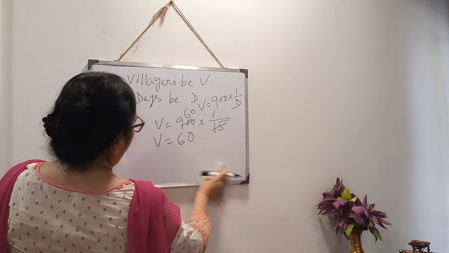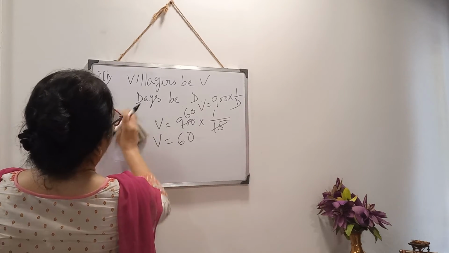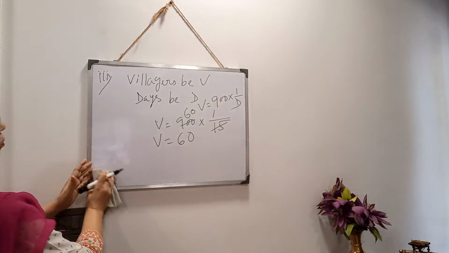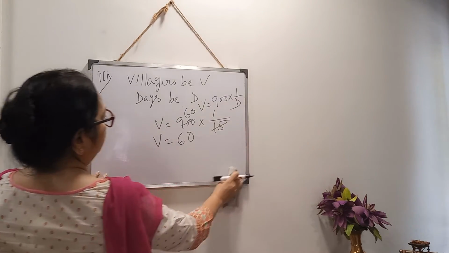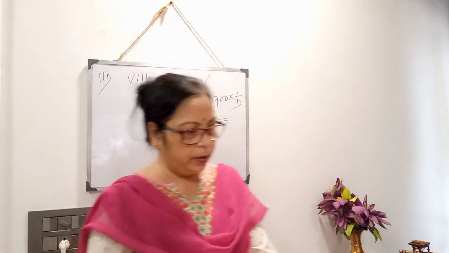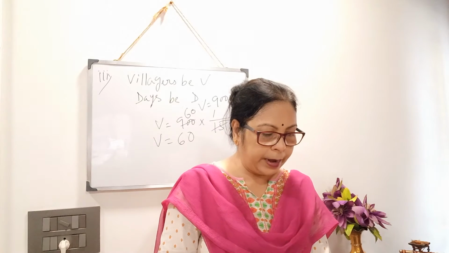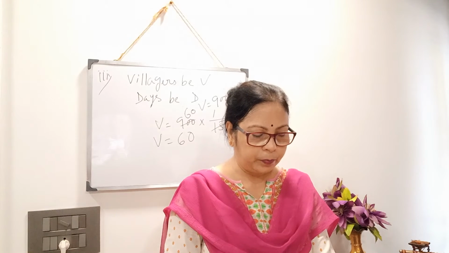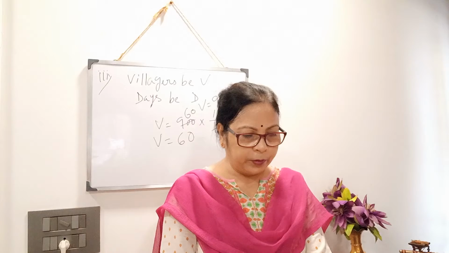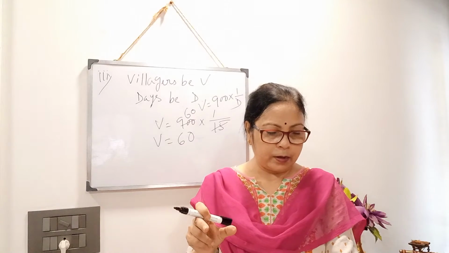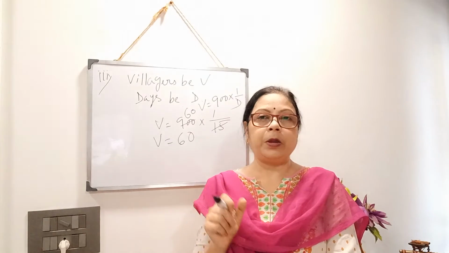Initially, you have appointed 50 villagers to dig the pond. Clear? And 50 villagers had taken 18 days initially. Now, by using theory of variation, how many extra persons will be required if you want to finish that work in 15 days?